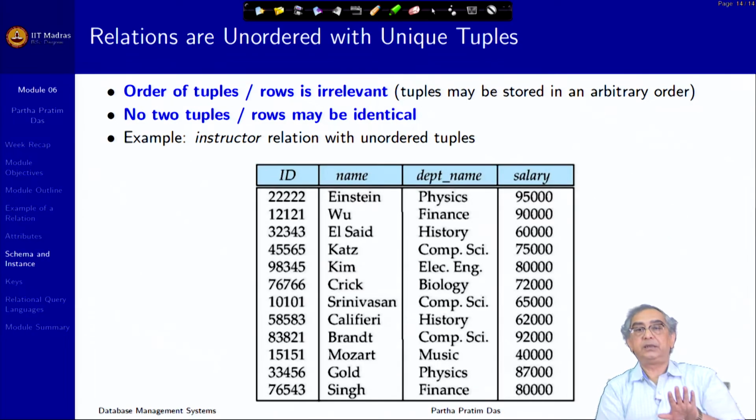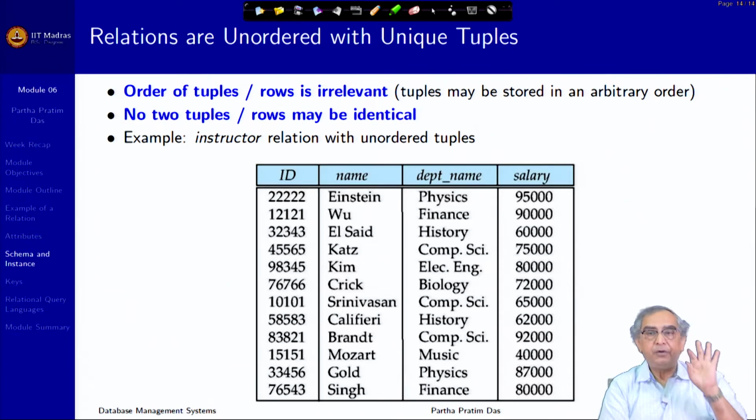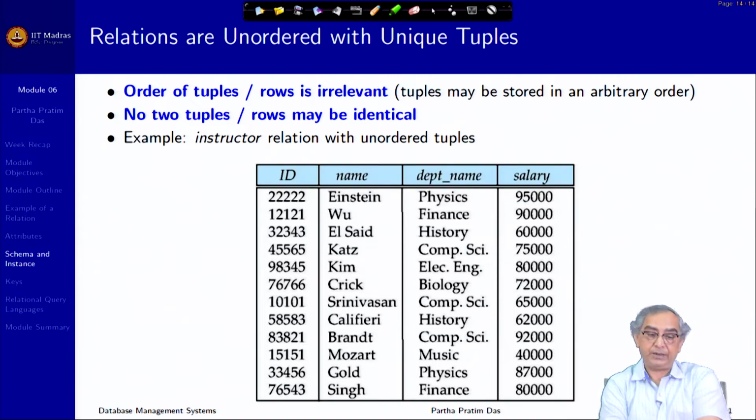As long as the total set of rows is the same, the two relational instances are the same. The order of rows does not matter, because if you recall, a relation is nothing but a set, and a set has no ordering between its member elements. Every row is a member element of the relation set, so it has no ordering expectation.